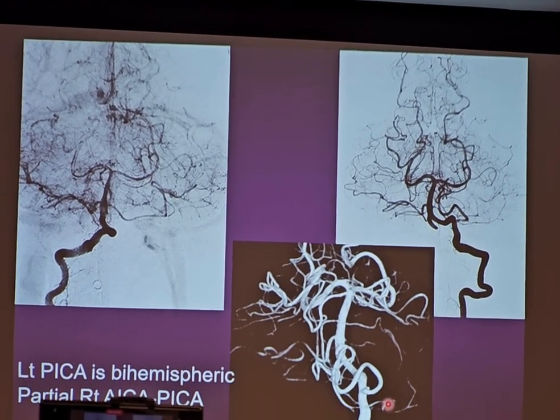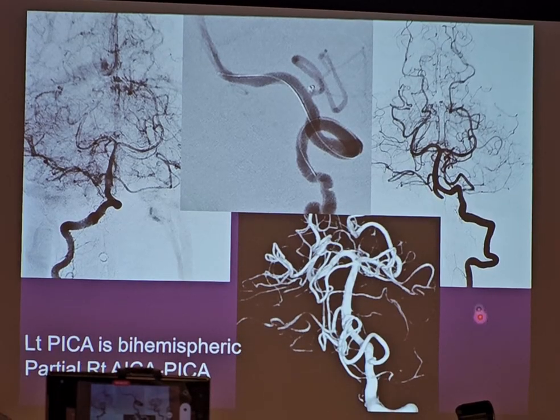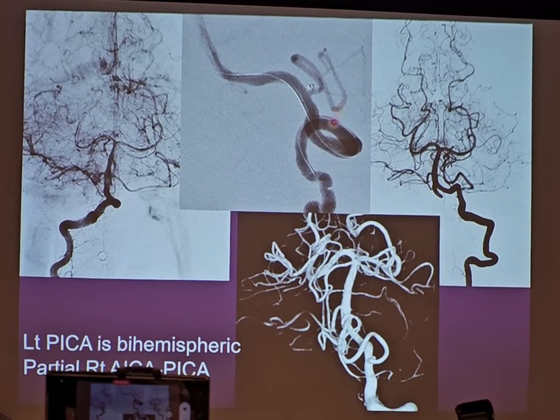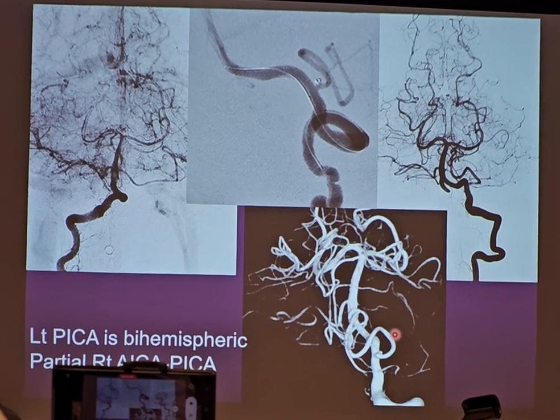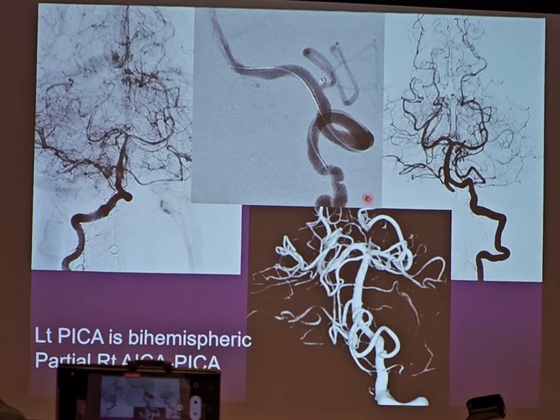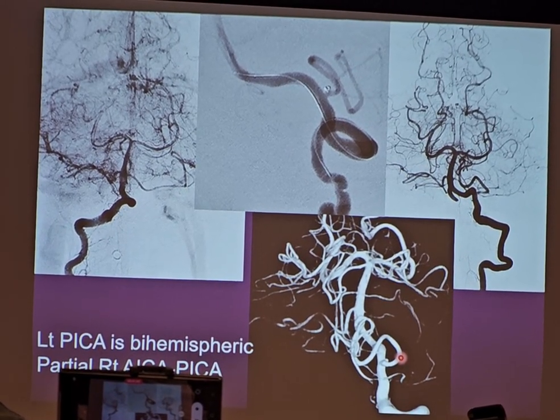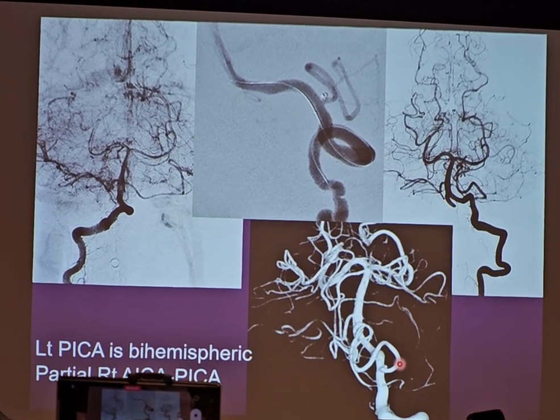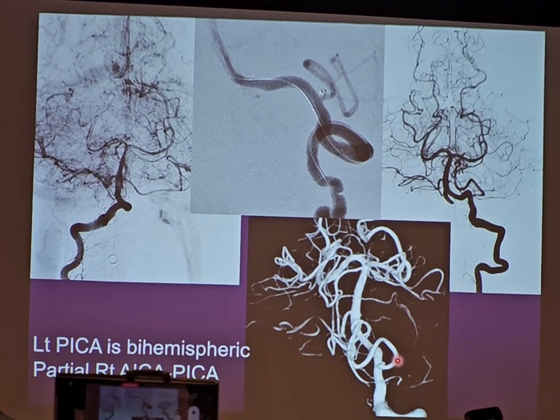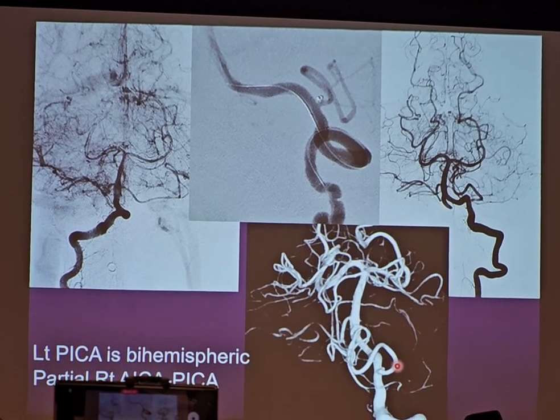So the treatment is for sure to make sure that you preserve whatever the system, even though it's quite a challenge to not sacrifice it, because most of these aneurysms are dissecting in nature.